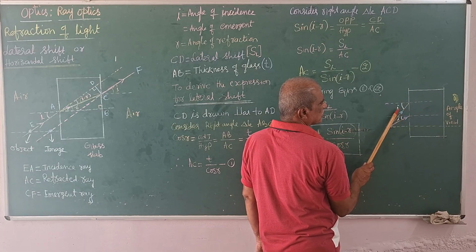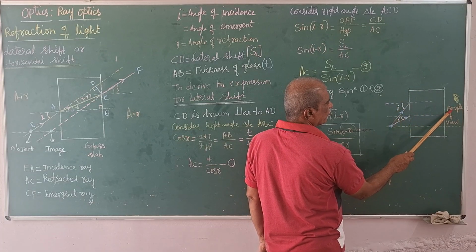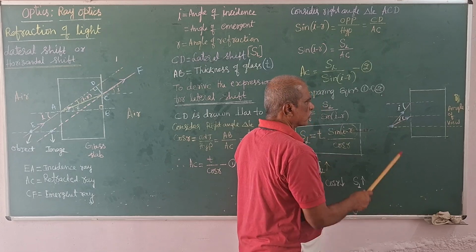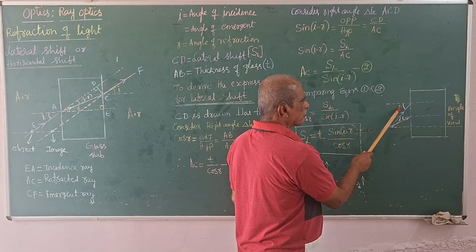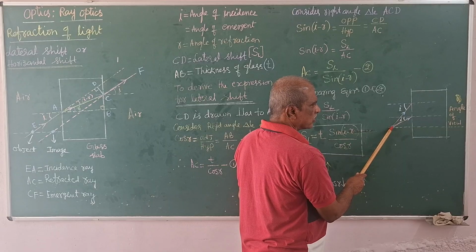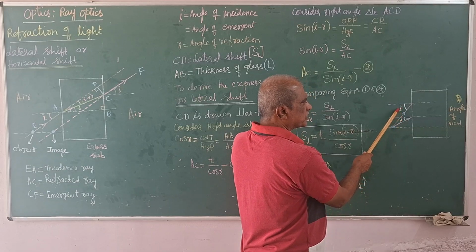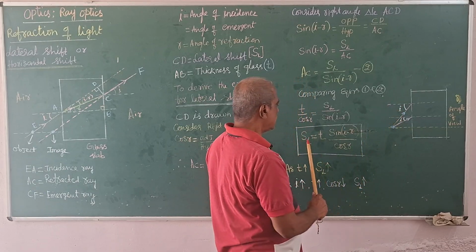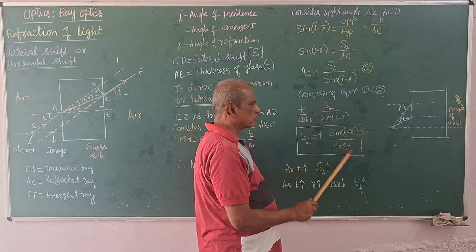So the angle of incidence increases as a result of the angle of view increasing from here to here. The object position remains the same. Only this we can change. If this changes, SL changes.